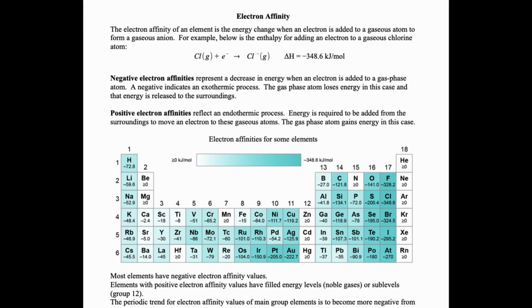So neutral chlorine adds one electron and it becomes a negatively charged ion, Cl negative. A delta H value is given for this process, and the delta H is negative 348.6 kilojoules per mole. Notice that it is negative, which means that this is an exothermic process. Whenever this takes place, energy is given off. It's exothermic.